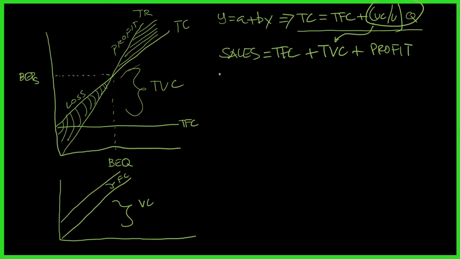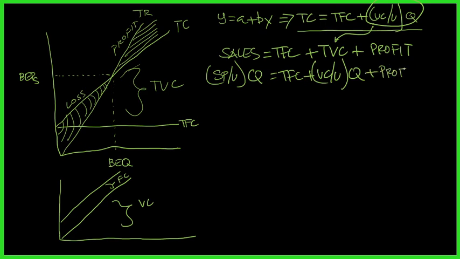Your sales will be selling price per unit, you multiply that by your quantity, and then you have your total fixed cost plus your variable cost per unit, multiply that by your quantity, plus your profit. Of course, if we're talking about the break-even point, you simply equate your profit to 0, di ba? And you have your break-even equation na.